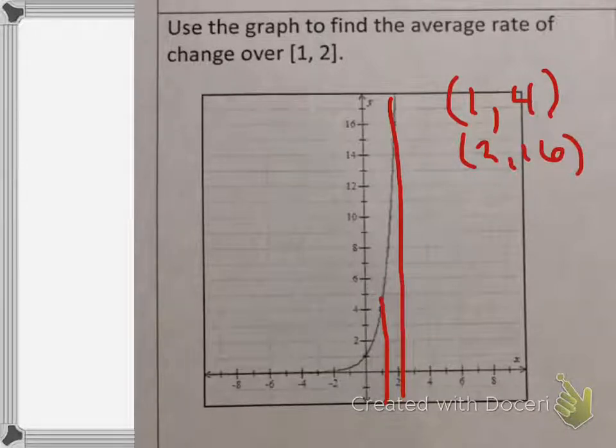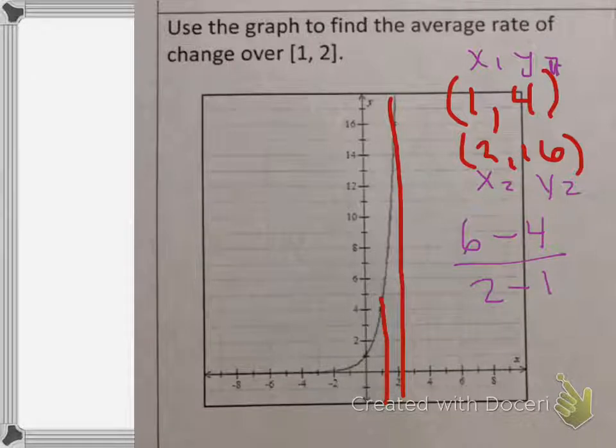So I'm going to use those two ordered pairs to find my average rate of change. Again, here's x2, y2, x1, y1. So y2 minus y1 over x2 minus x1, and then just let your calculator do the arithmetic there. That's 2 over 1, which just comes out as the number 2.